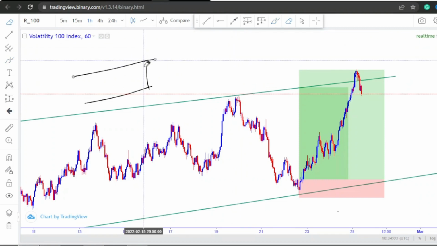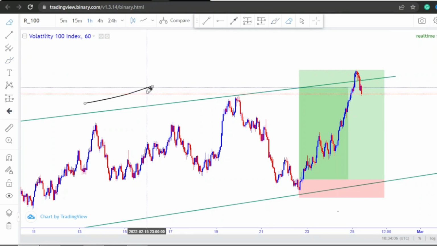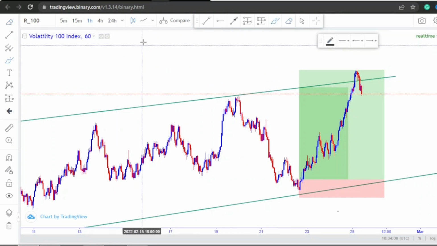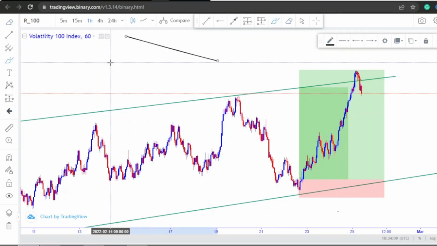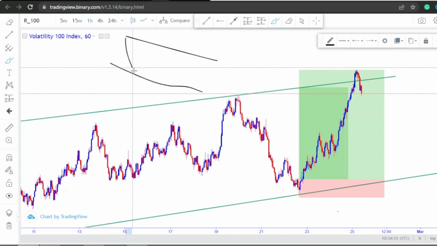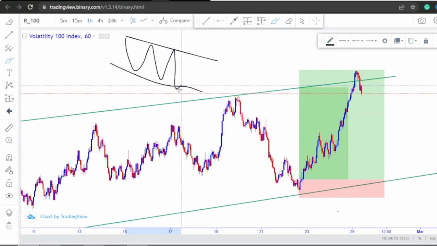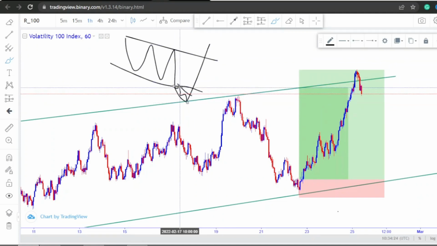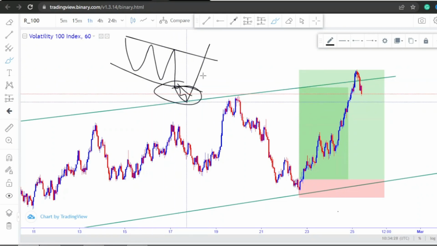Let's assume that we are in a bearish market. So let's say we were in a bearish market like this, and the market will be coming like this. It will break out and do something like this, as if it's going to continue going down. Then it comes back inside. So you must always be careful of the pattern that forms here, because this is actually an indication that this market will come back inside, guys.